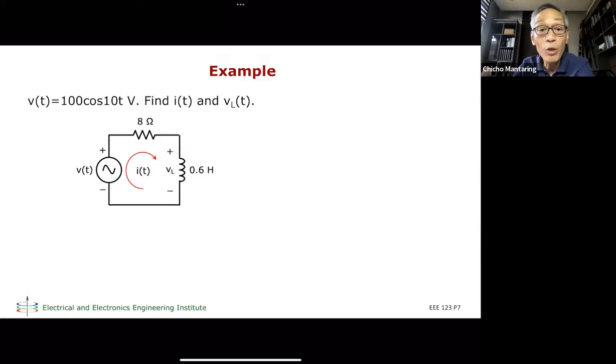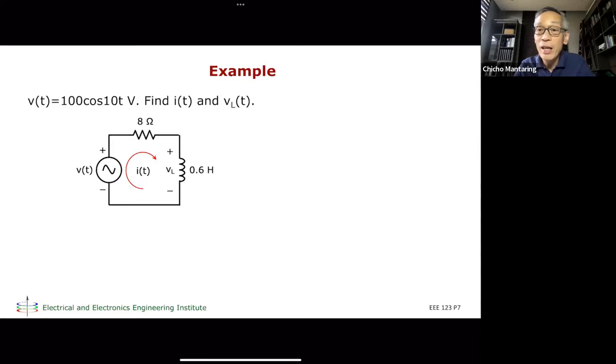Now, these are both going to be sinusoidal quantities. Kung sinusoidal yung excitation natin, if our sources are sinusoidal, our circuit responses will also be sinusoidal. That's a characteristic of linear circuits. A linear circuit, your response will always be of the same form as your excitation.